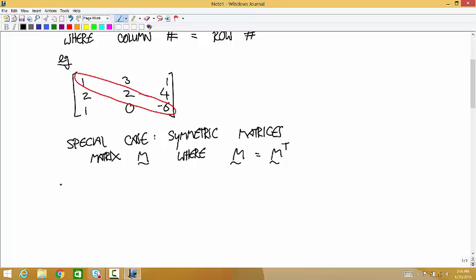But for example, the one I just did before is not symmetric, because the 1-2 element isn't the same as the 2-1 element.